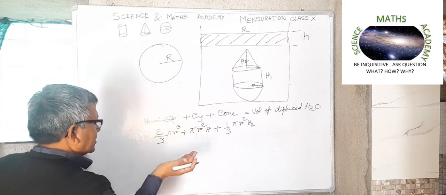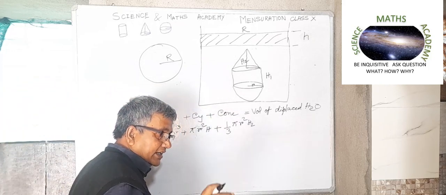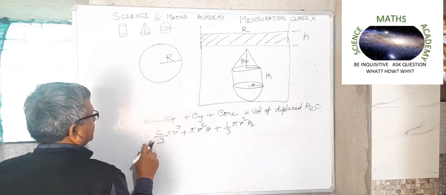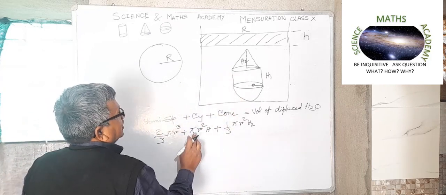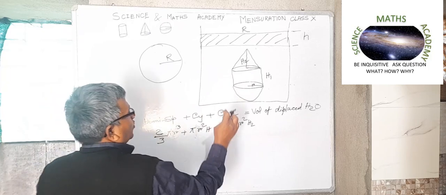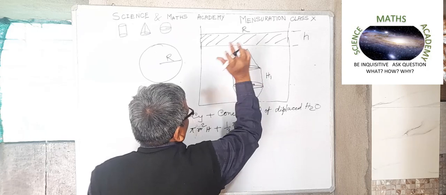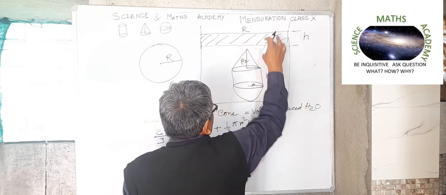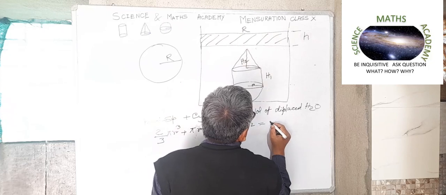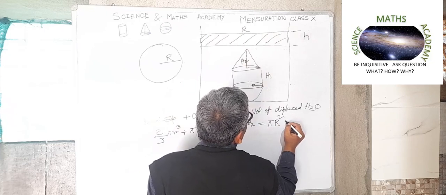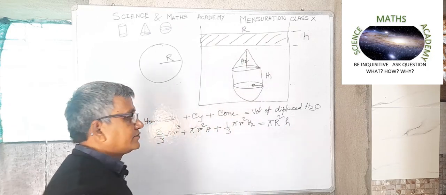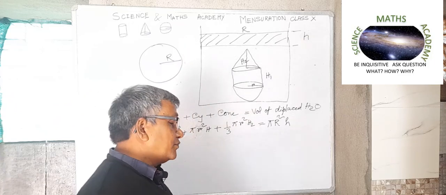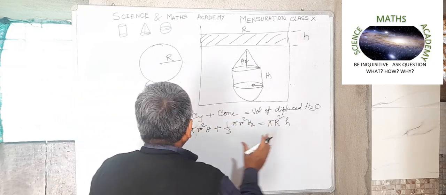Again coming to the hemisphere: the total volume of a sphere is 4/3 pi r cube, sorry, sphere 4/3 pi r cube, hemisphere half, 2/3 pi r cube, plus cylinder pi r square h1, plus 1/3 pi r square h2 for the cone will be the volume of the displaced water. Say it is in the cylinder, so the radius will be this, this is also a cylinder, I can write pi capital R square into height h. Okay, here I explain in this way, in your exam you don't write like this, you segregate.